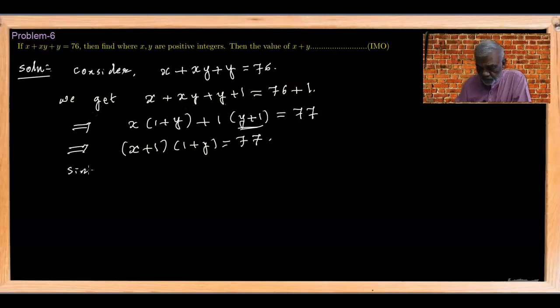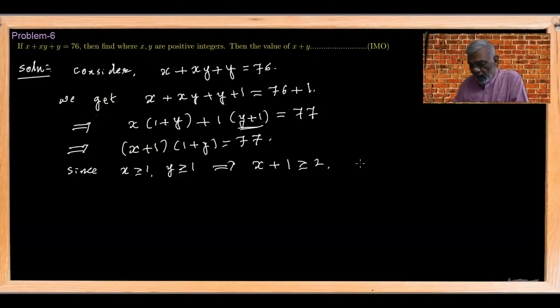Since x is greater than or equal to 1 because x and y are positive integers, y greater than or equal to 1, this implies x plus 1 is greater than or equal to 2 and y plus 1 is greater than or equal to 2.